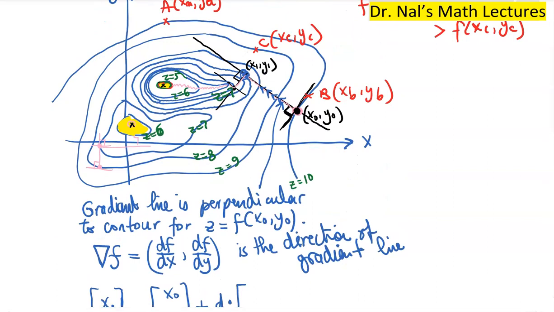So once we decide the direction, we're still not done. We need to figure out how far along that direction we need to walk, d. And then once we have the next gradient, we need to figure out the next one, so d1, d2.